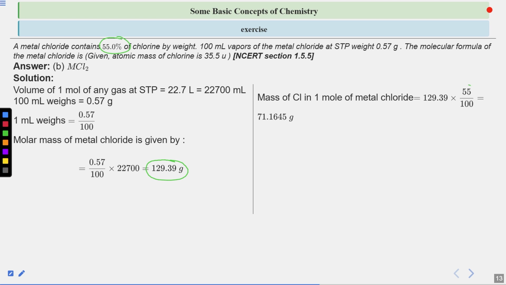It will be, of course, 55% of that mass. Okay. Clear? So that will be equal to 71.1645 gram. So the amount of chlorine that would be present in 1 mole of a substance will be 55% of the molar weight. And our molar weight is this.